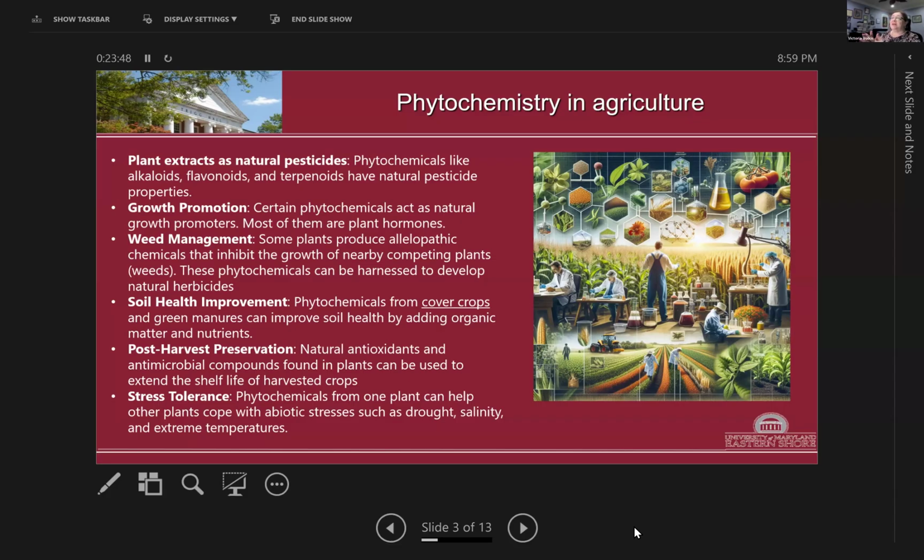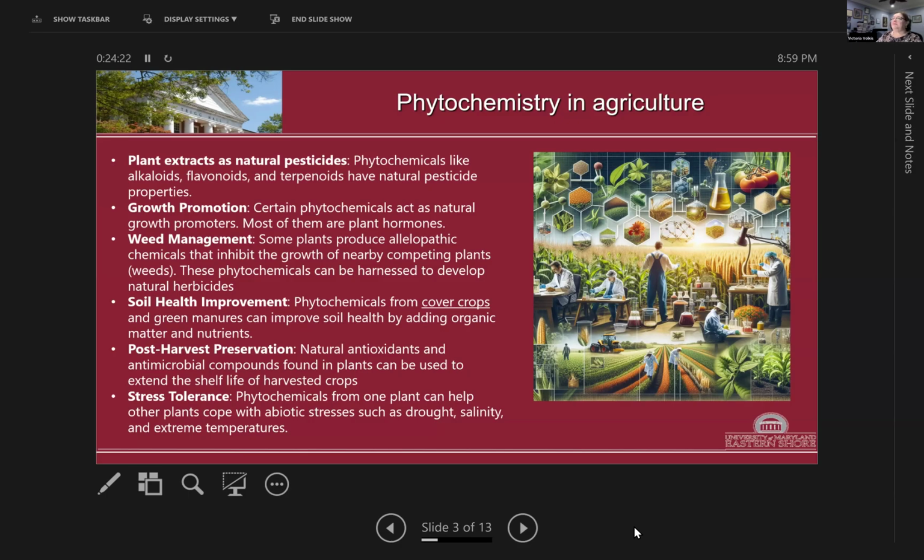One is for organic agriculture, because one of the greatest problems of organic agriculture today is that they cannot use anything synthetic. They cannot use synthetic fertilizers, and they cannot use synthetic pesticides and herbicides. As a result, their harvest is much more sensitive to all the pests around, and their loss of harvest is much more frequent compared to traditional agriculture.